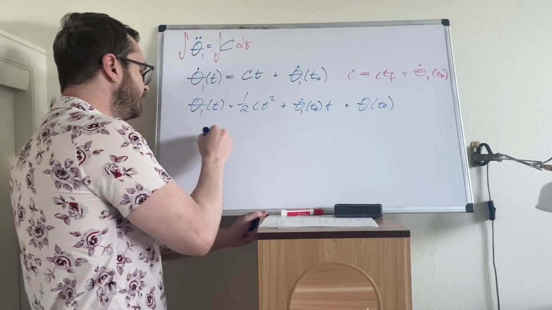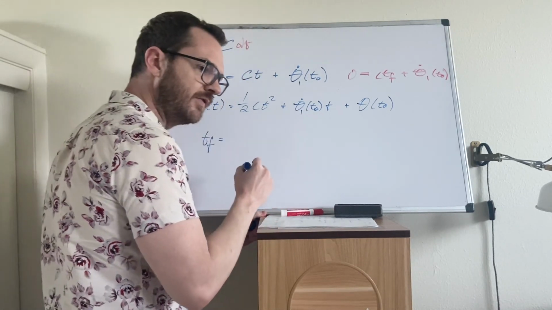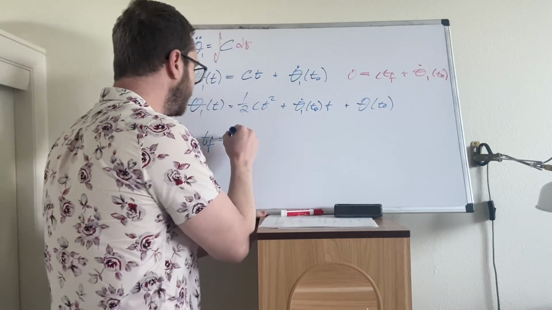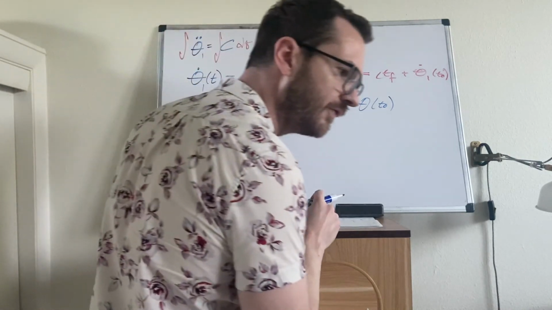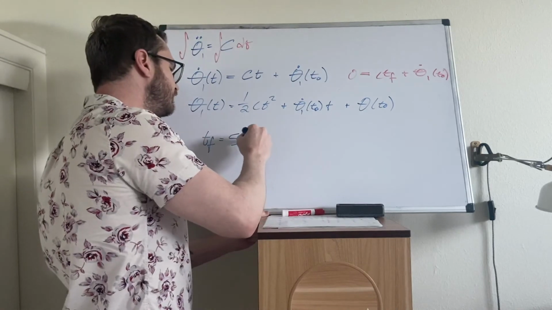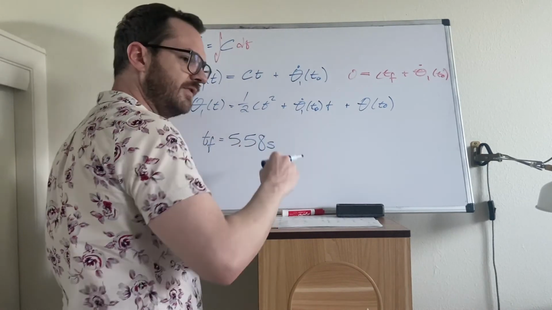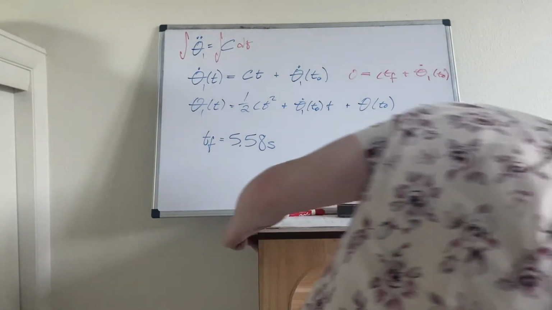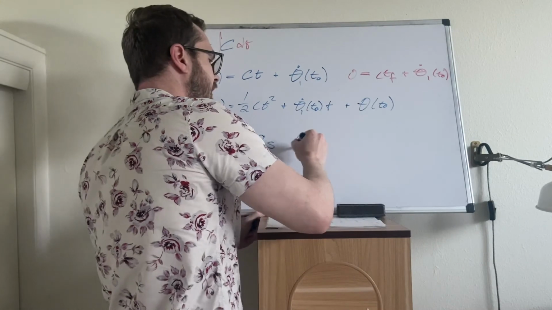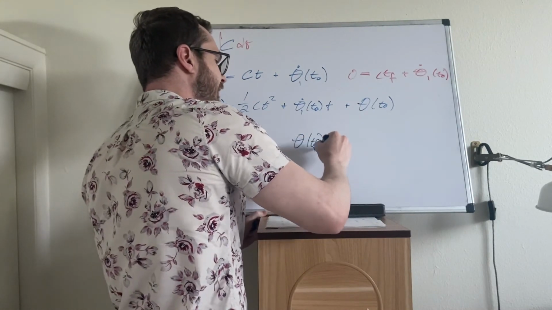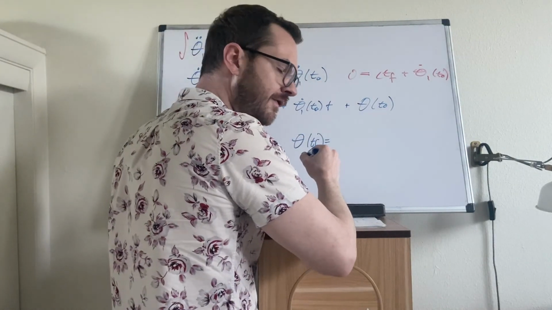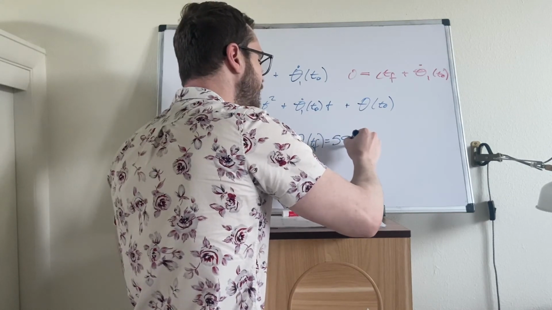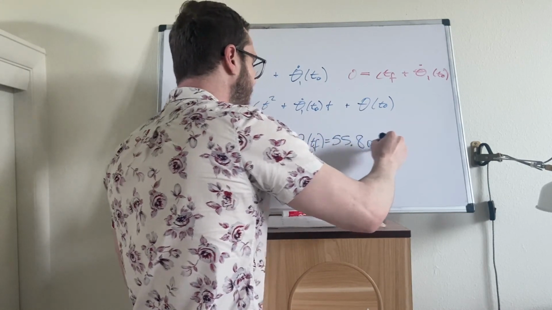So T final is 5.58 seconds. I also solved for theta at the final time, and that one came out to be 55.8 radians.